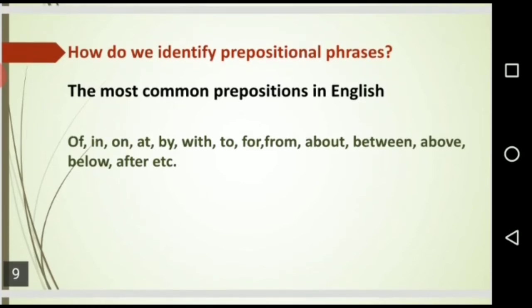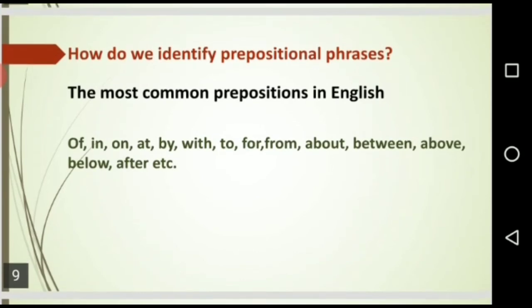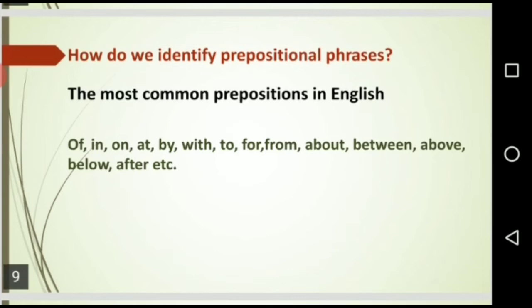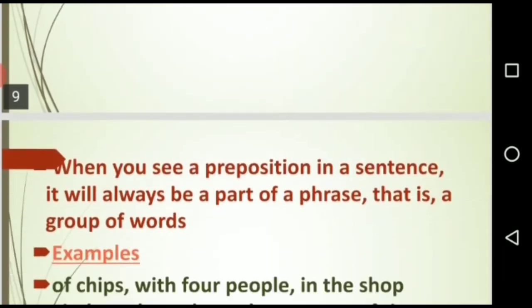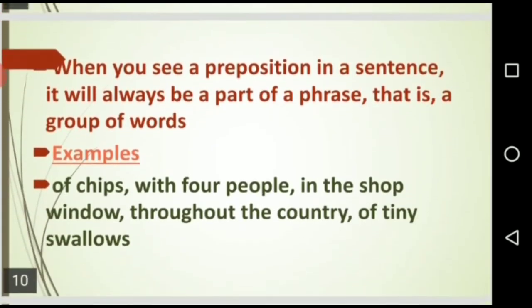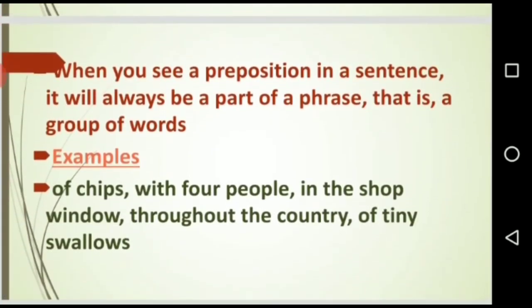They are of, in, on, at, by, with, to, for, from, about, between, above, below, after, etc. When you see a preposition in a sentence, it will always be a part of a phrase, that is, a group of words.